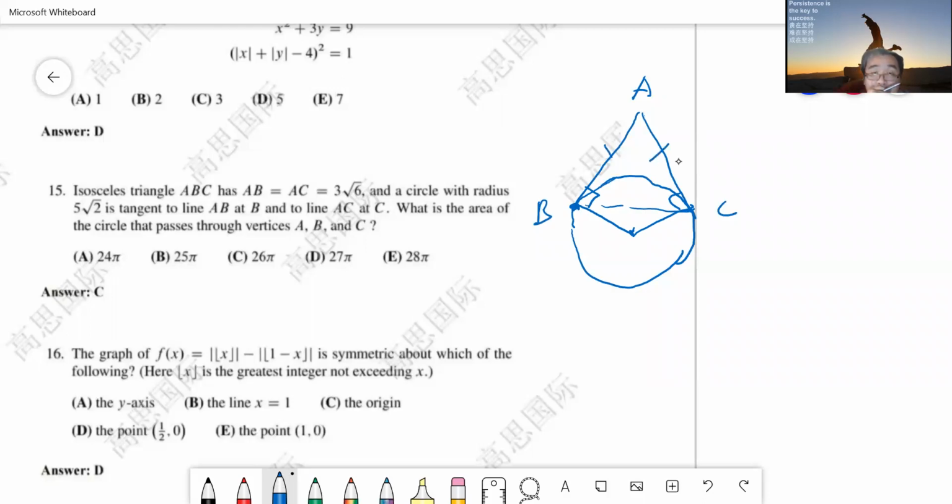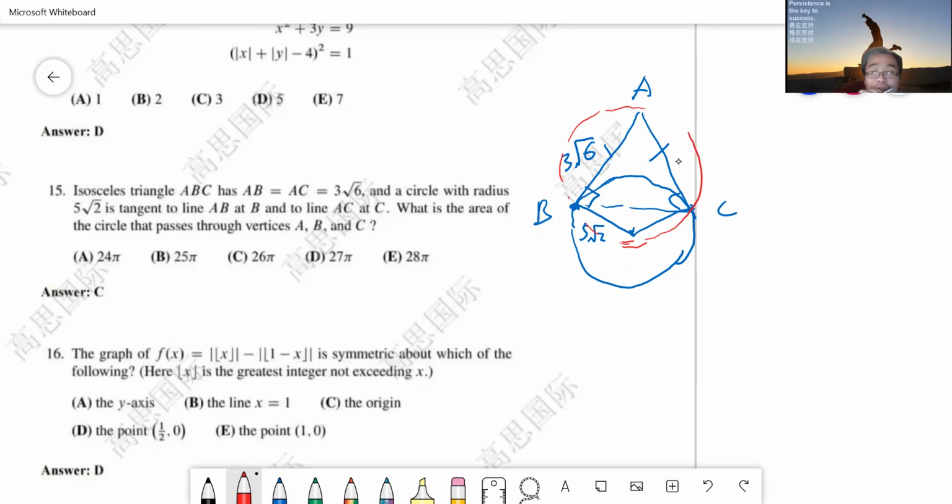All right. And we can also mark the lengths. The radius is 5 square root of 2. The side length is 3 square root of 6. Right. So we want to find the circle that passes through this point, this ABC.